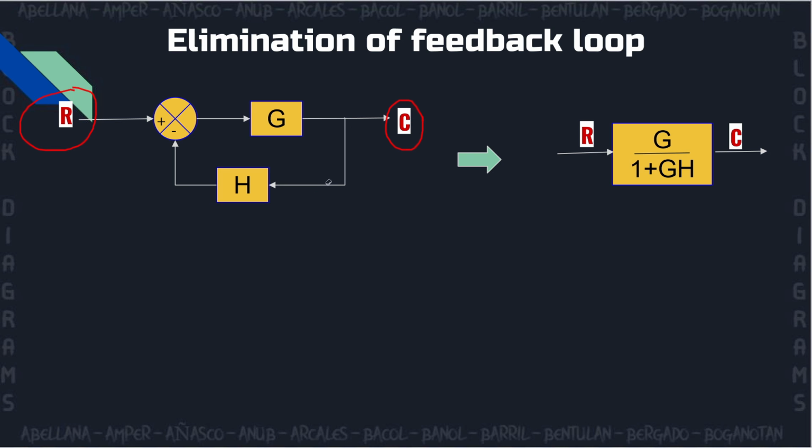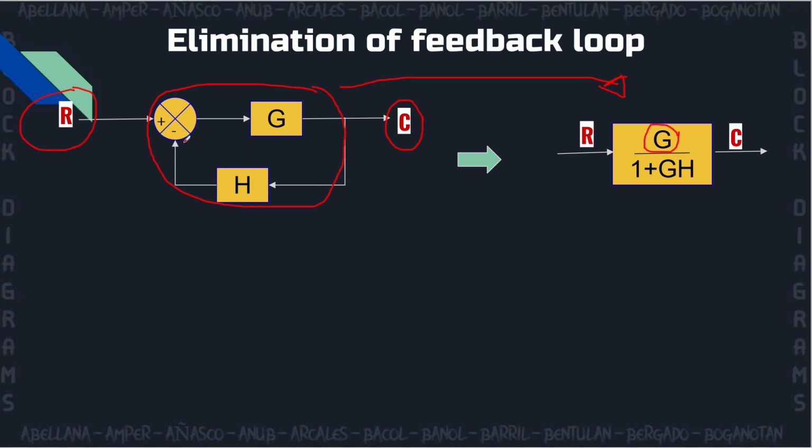Okay, so we just turned a complex feedback loop into a single block. So the simplified version would now be the transfer function G all over 1 plus the transfer function G and H. And there are two cases in this elimination of feedback loop.